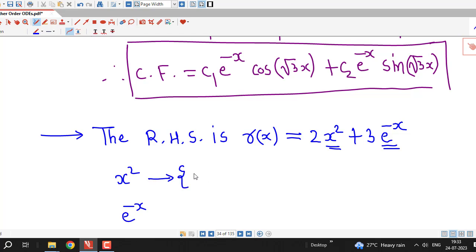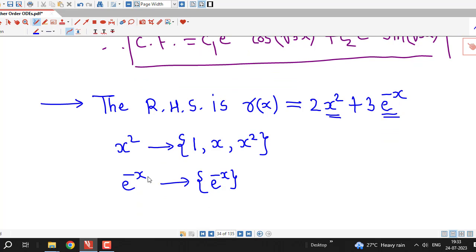Corresponding to x², the family of derivatives is 1, x, x², and corresponding to e^(-x), we have only one function e^(-x), which will be repeated in all the derivatives of e^(-x). Whenever we have two functions in the addition, we will take the union of the corresponding families of derivatives.